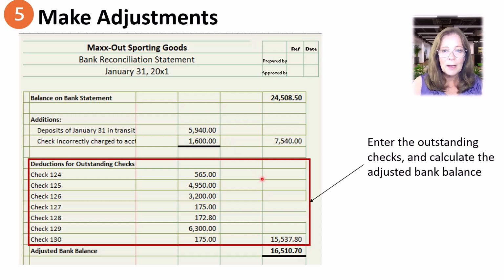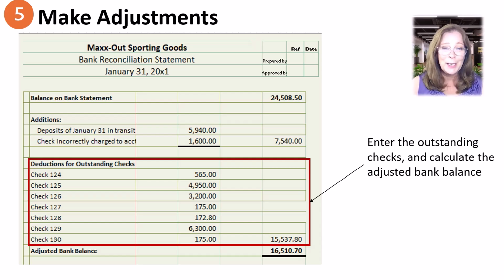Finally, we subtract the outstanding checks totaling $15,537.80, and after making these adjustments, we arrive at an adjusted bank balance of $16,510.70. At this point, the bank side of the reconciliation is complete.